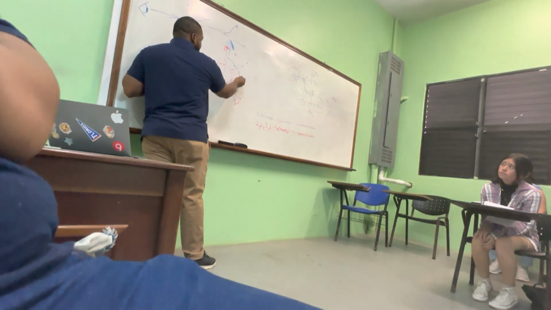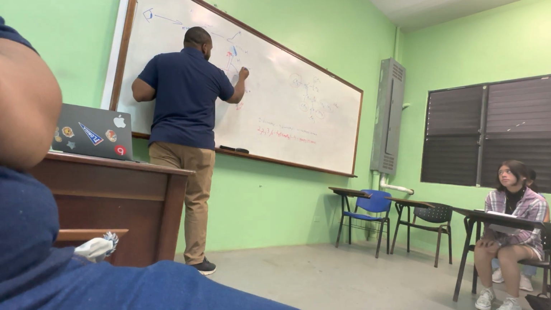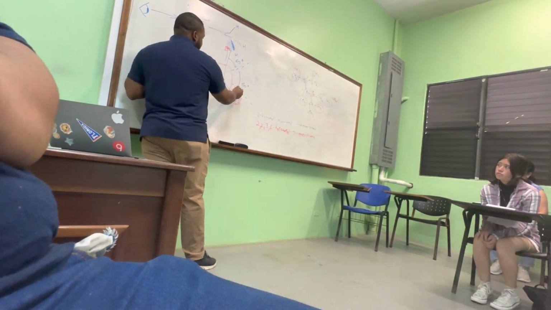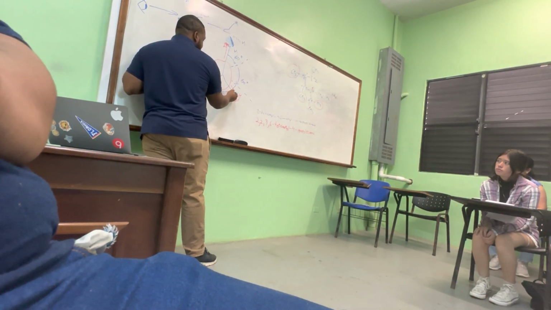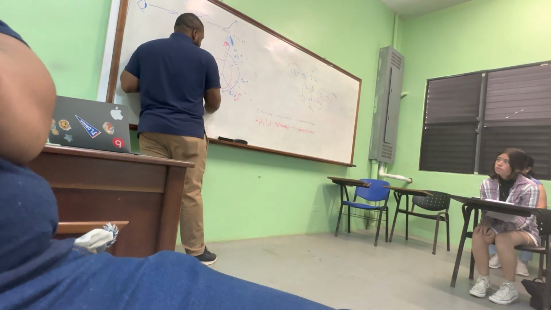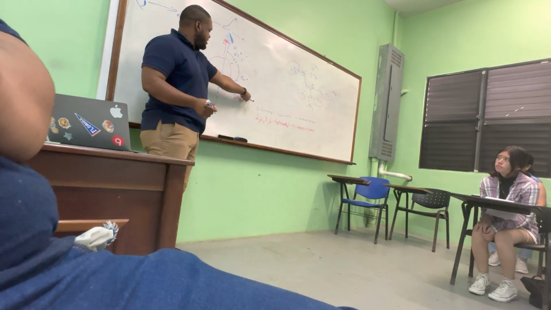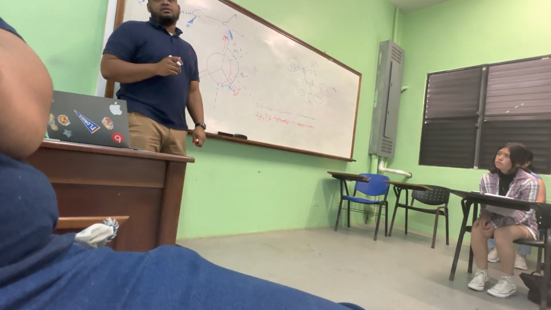Then we rotate it again, 60 degrees to here. And then we rotate it one more time, 60 degrees to here. Each of these rotations gives us a different energy.